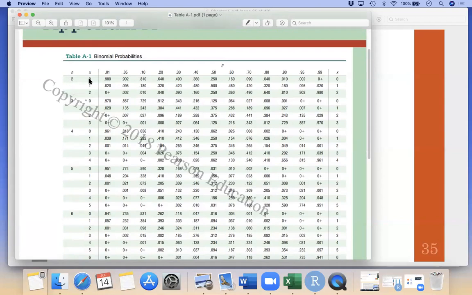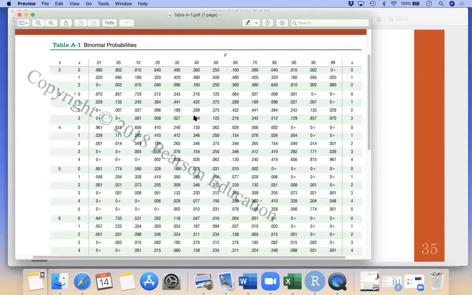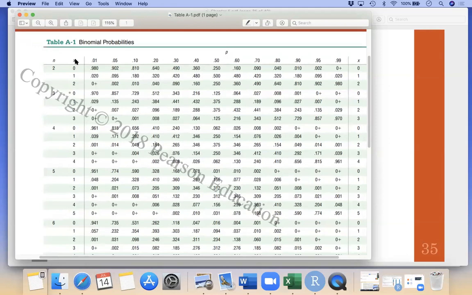Under n is 2, that means this part, x is 1. Then go along this line to p, which is 0.3. So this is the value we want to get.